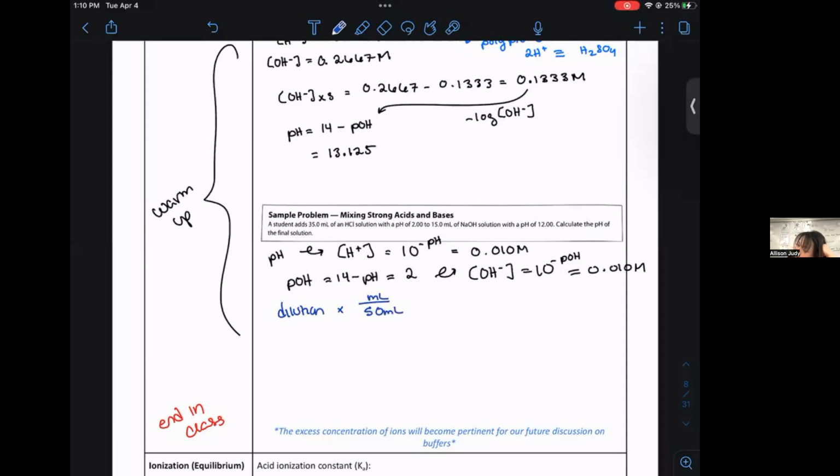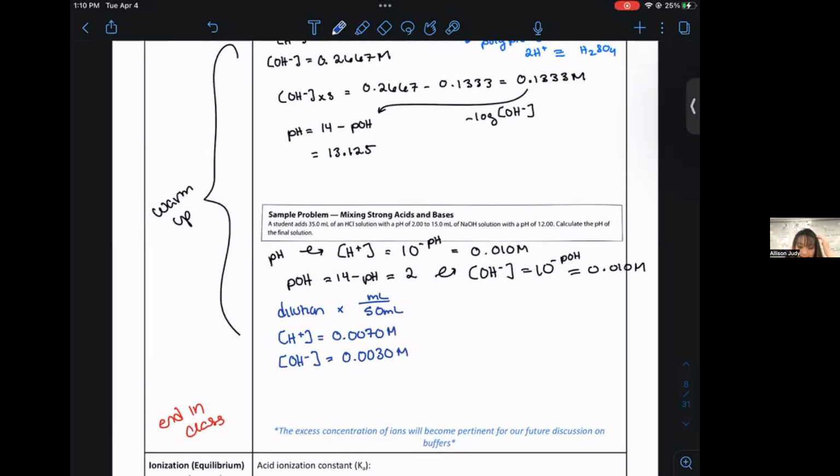And you would find that your diluted value for H plus is equal to 0.0070, and your diluted value for OH minus is equal to 0.0030.